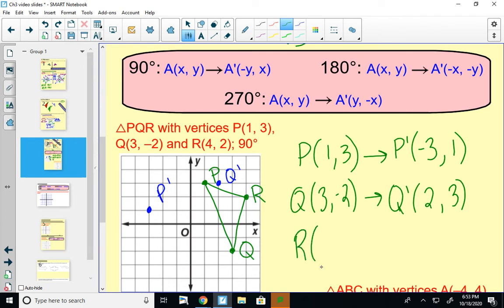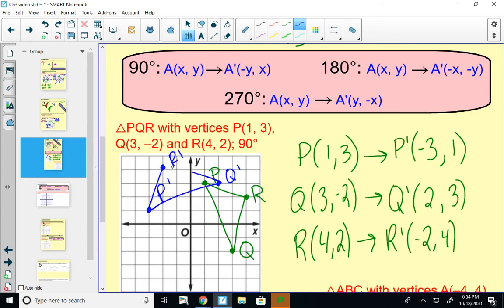R starts at (4, 2). So a 90-degree rotation would be (-2, 4). So that triangle would be my rotation, and this is rotating about the origin.